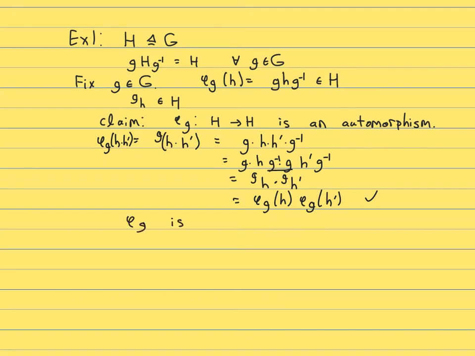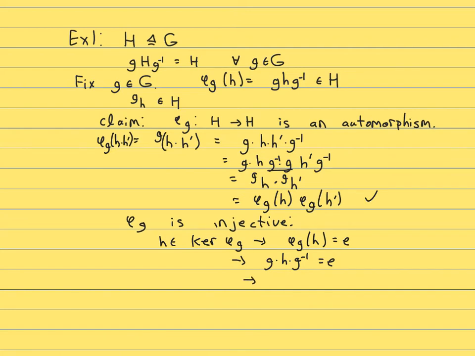So why is it injective? Now that we know it's a homomorphism, we can prove it's injective by looking at the kernel and proving that the kernel is trivial. That's one advantage of proving the homomorphism property first. So suppose we've got something in the kernel, then the function sends that element to the identity. So that means G times H times G inverse is the identity element.